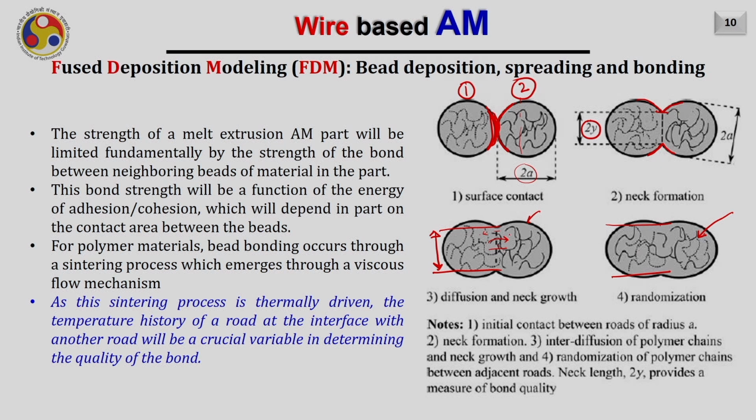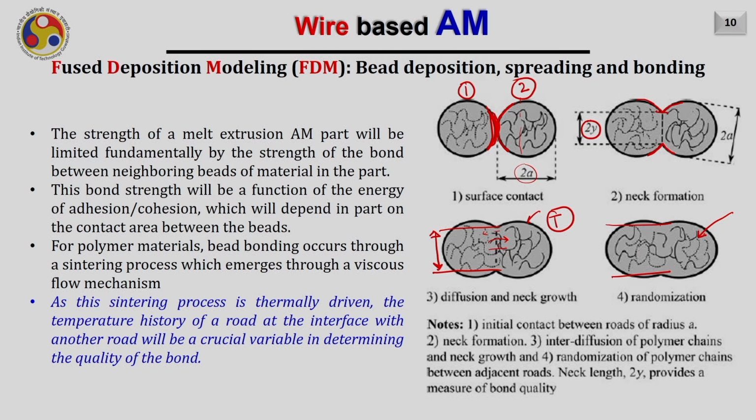This process of sintering is highly driven by the temperature of the bead. The temperature history of the rod at the interface with another rod will be a very crucial variable in determining the quality of the bond. Hence, at this point of time, it is very essential to understand what the temperature of the bead will be after, for example, time t when I deposit the material on a substrate.